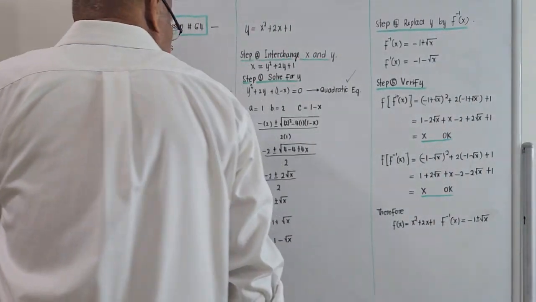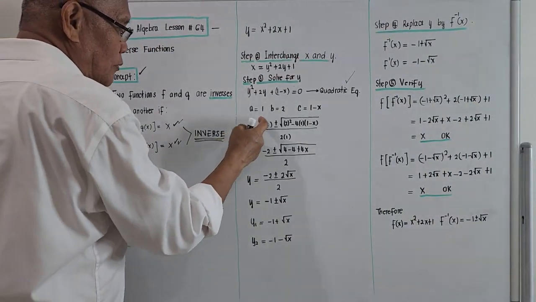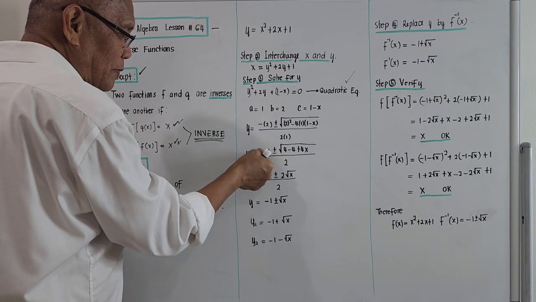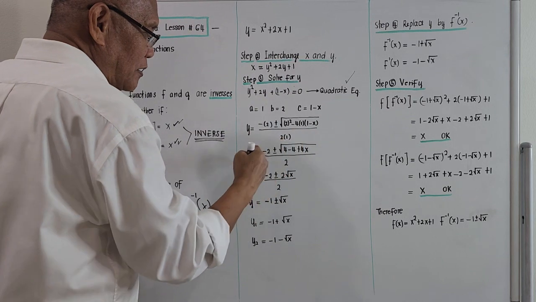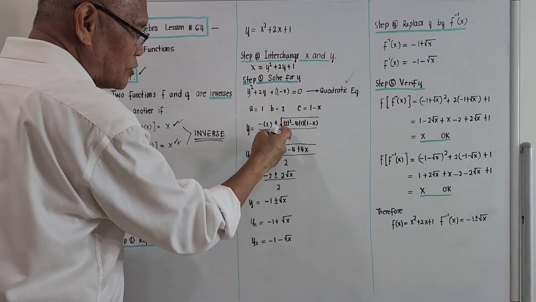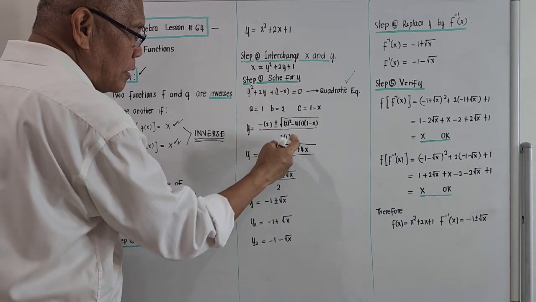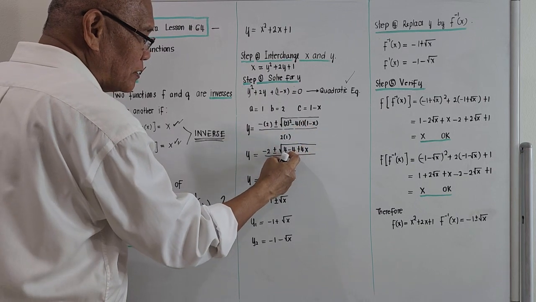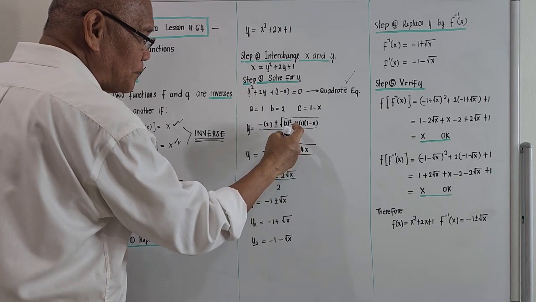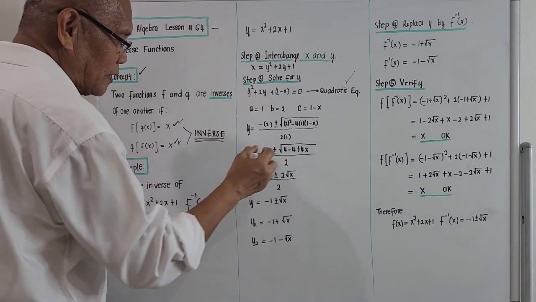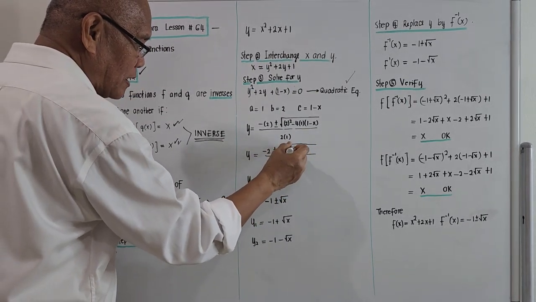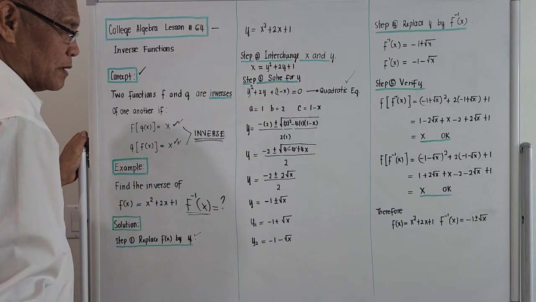Simplifying this one, negative 2 plus or minus. Well, we simplify the terms inside the radical. 2 square is 4, minus 4 times 1 will be negative 4, and then negative 4 times minus x will be plus 4x.